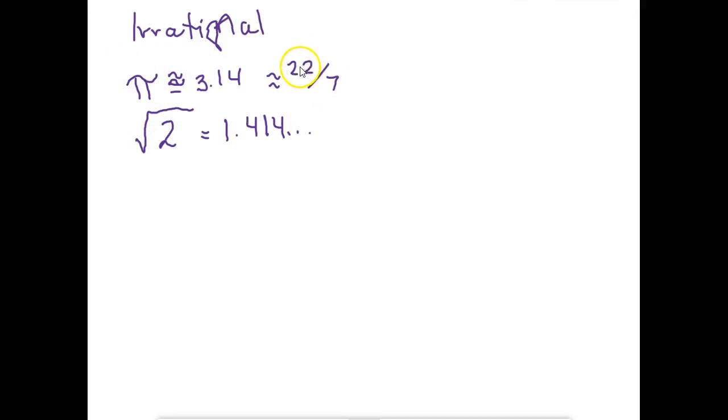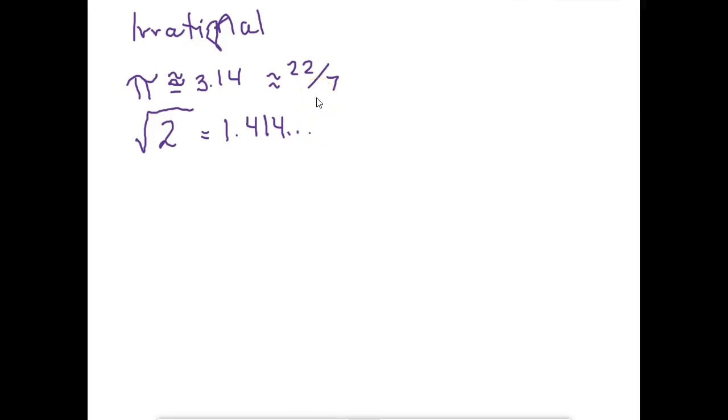So if you can't write it completely as a fraction, then you're facing an irrational number, because rationals can always be written in the form of a complete fraction.